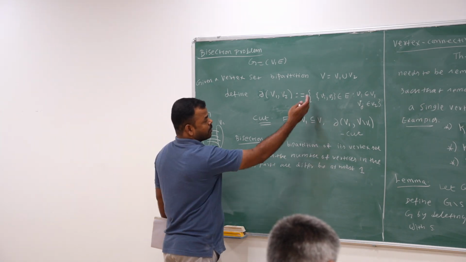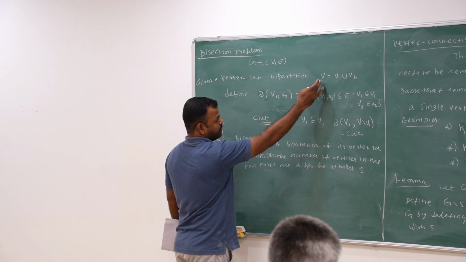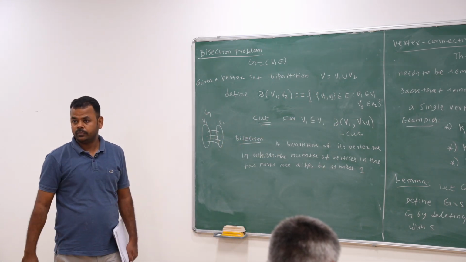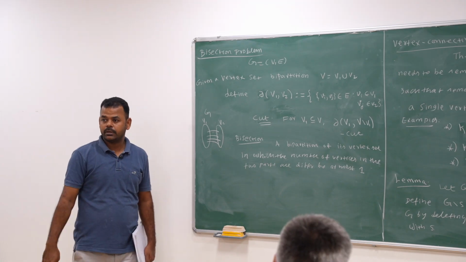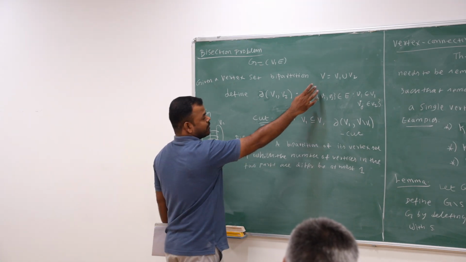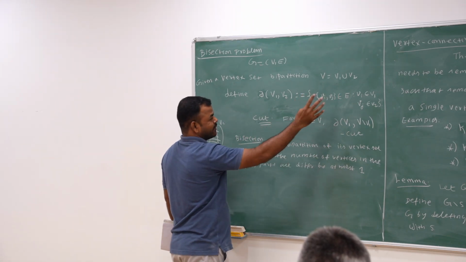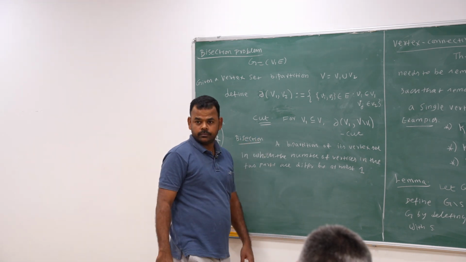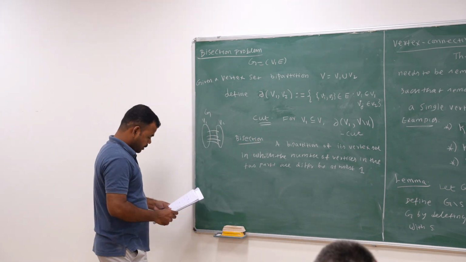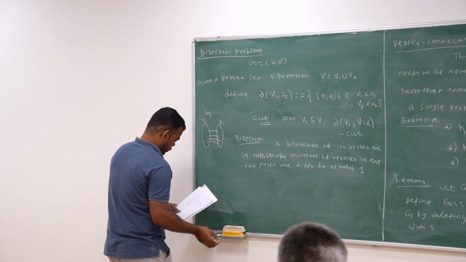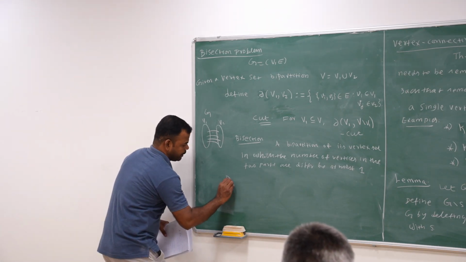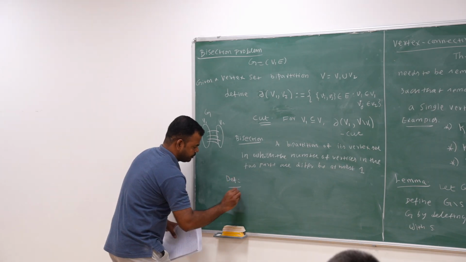If the number of elements in V is an even number, then you can equally partition V into V1 and V2 with the same number of elements. Suppose the number of elements in V is odd, then we can't expect an equal partition, so at most one difference is allowed. The problem is, just for even cardinality I will define.